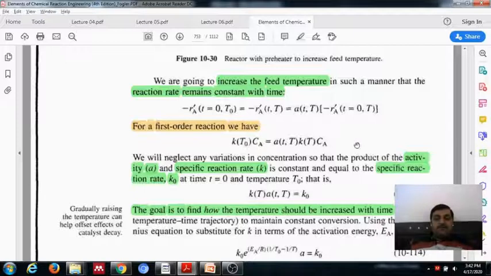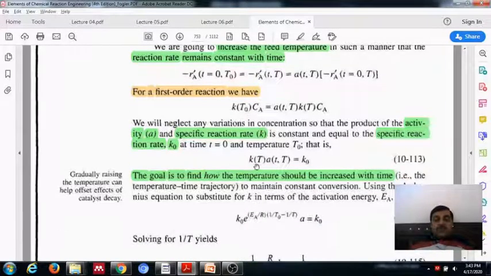This concentration terms we can neglect, so that we are now relating our activity and rate constant to the specific rate constant at T0. So that becomes K of T into A of T, that is equal to K0, which comes from here at 0 time and temperature T0.